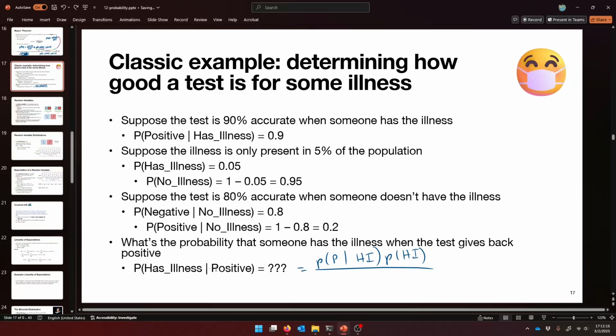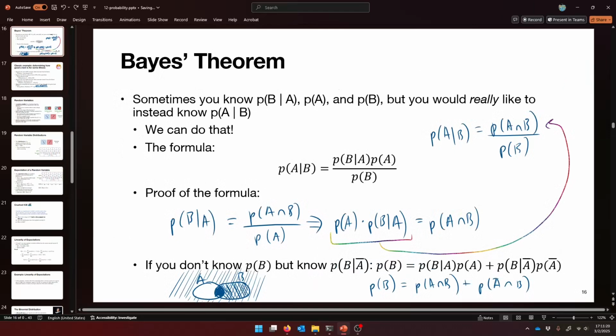But if you don't have that, you can get it by doing this calculation, which we do have right now, all right? So we want this. We can get the probability of that thing by doing these two calculations, which we have both of them, okay?